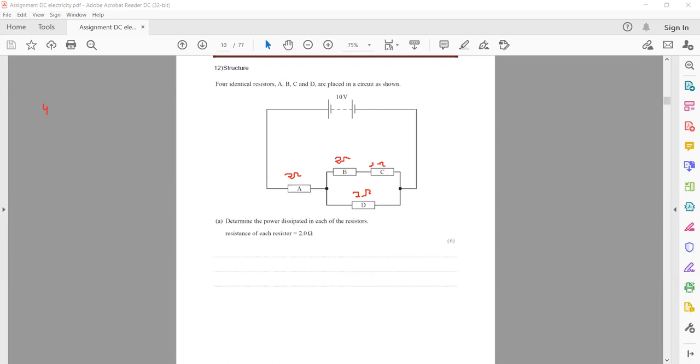So it will be product divided by sum: 4 multiplied by 2 divided by 4 plus 2. That will be 1.33. And that 1.33 is in series with 2. So the combined resistance of the circuit will be 1.33 plus 2, which is equal to 3.33 ohms.